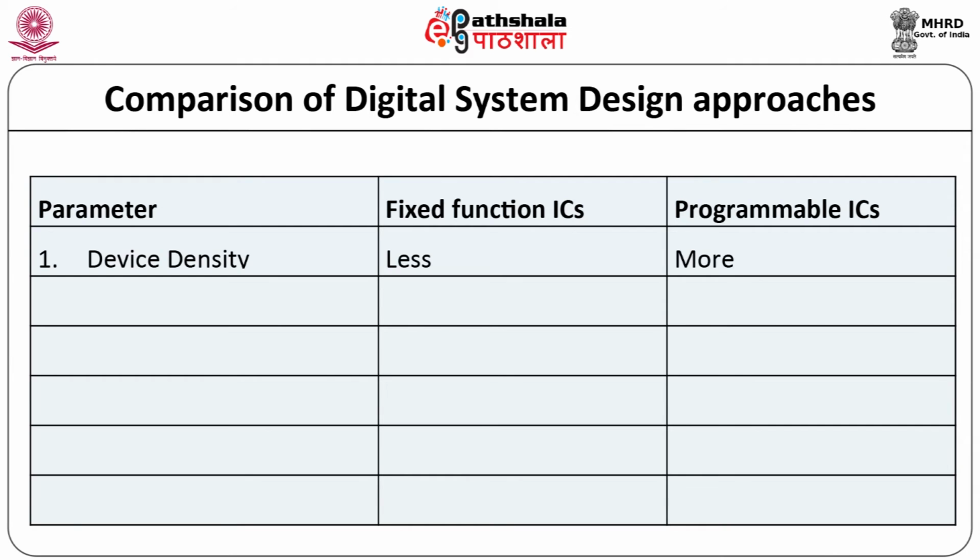Under fixed function ICs, the density of the devices is very low, whereas in programmable ICs, the device density is high, about 300 logic gates and further. The board space requirement for fixed function ICs is more, whereas in the programmable approach, the size requirement is very small because all the circuits are part of a single IC.